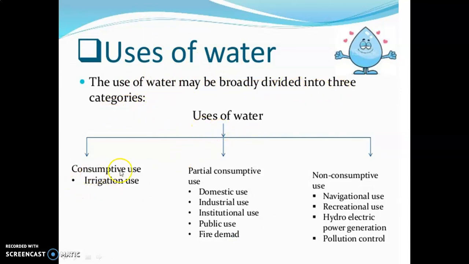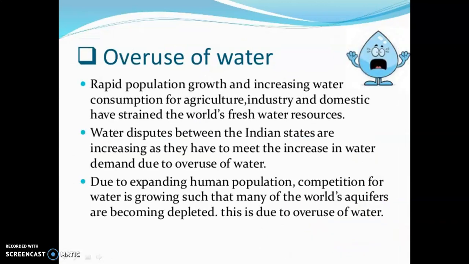Consumptive use, for irrigation. Partial consumptive use, that is domestic use, industrial, institutional use, public use and fire demand. Then non-consumptive use: navigational use, recreational use, hydroelectric power generation and pollution control.